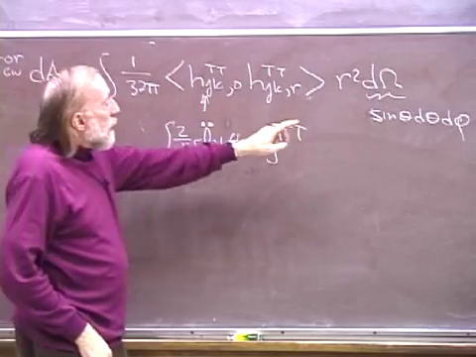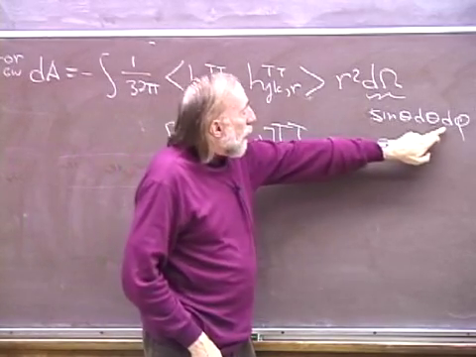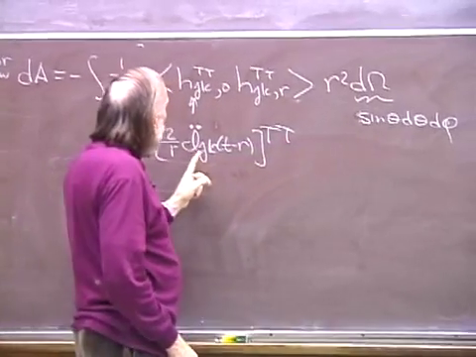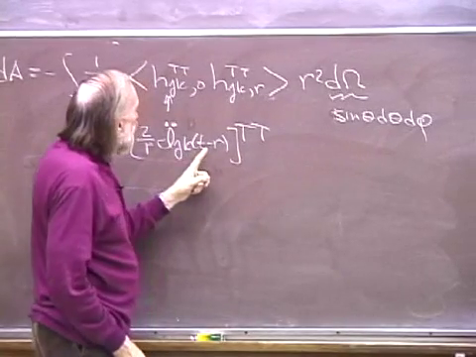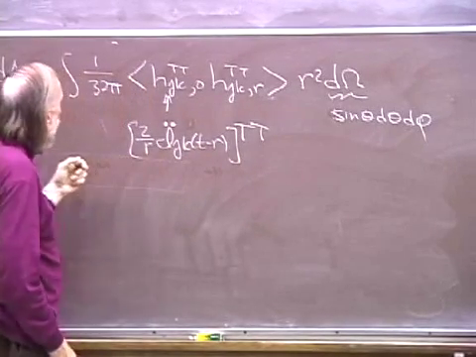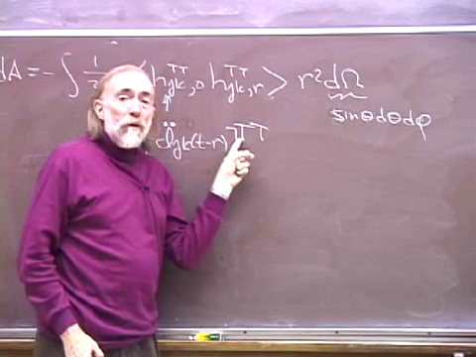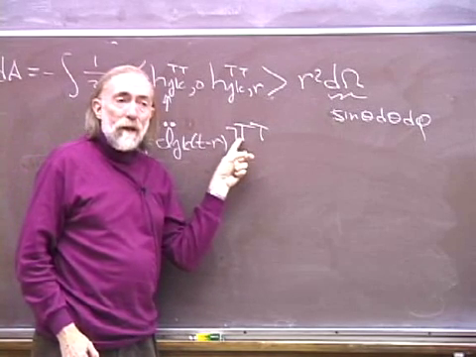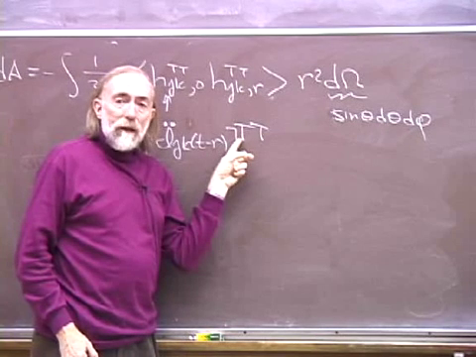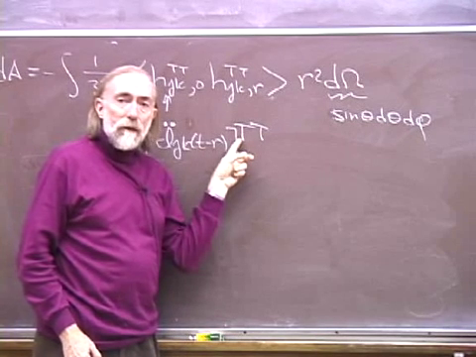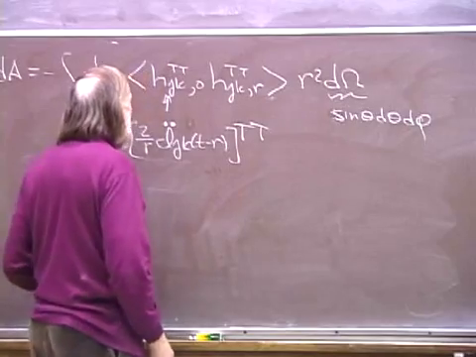Now, the dependence on theta and phi is carried by the unit radial vectors, and the unit radial vectors are present here, though they appear to be hidden. They're present in the transverse traceless projection. You've got to get rid of the radial piece and then remove a trace. So let me write that down explicitly.